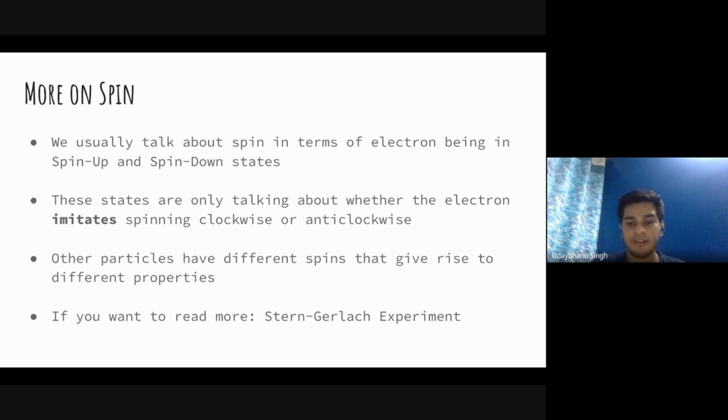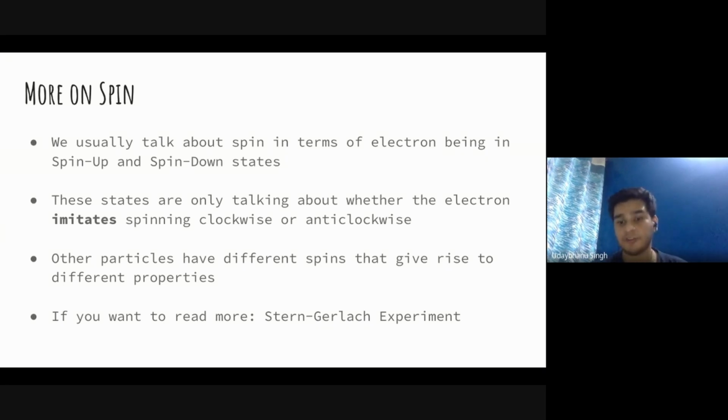The reason we consider the direction of magnetic fields is that if anything that interacts with the magnetic field is going in a particular direction, then it would be deflected by the magnetic field in a particular direction as well. That direction would be, let's say, direction A if the electron is spinning clockwise, and the opposite of direction A if it's spinning anti-clockwise.